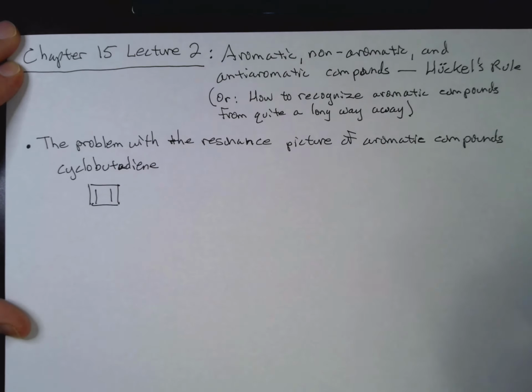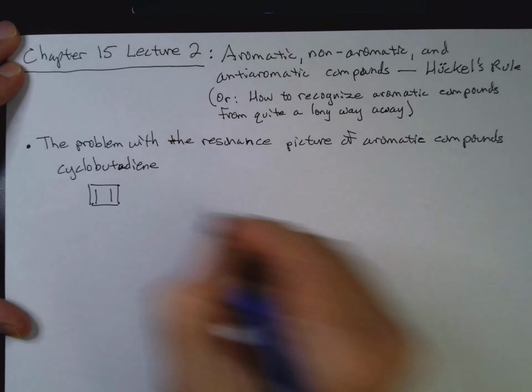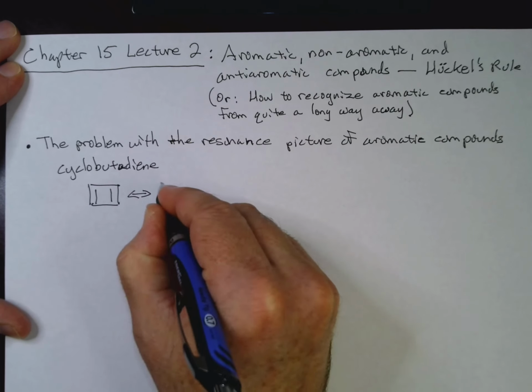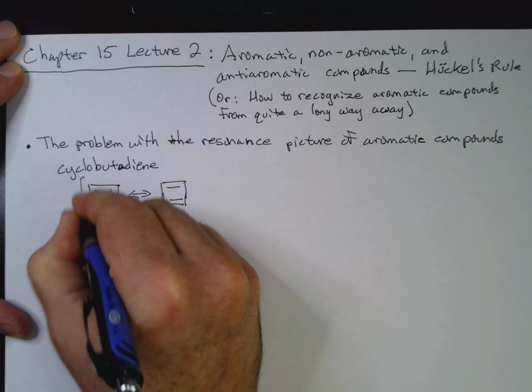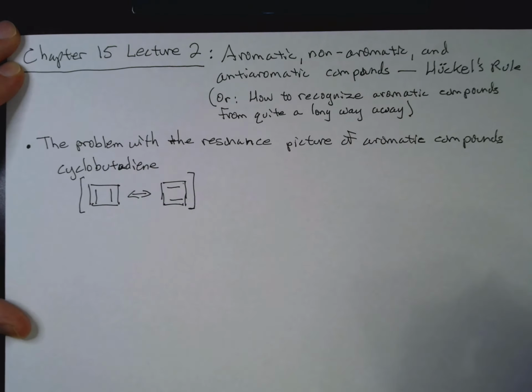So we have alternating single and double bonds. So according to the resonance picture, we should get this.